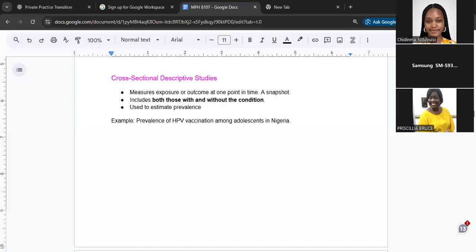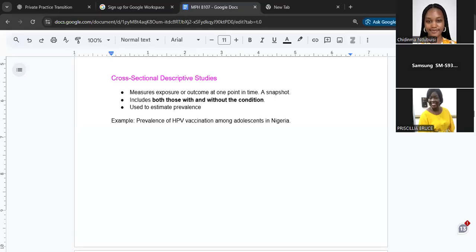Now, bear in mind that I'm saying cross-sectional descriptive because when we come to analytical studies, we're still going to mention cross-sectional. It can be both a descriptive observational study and an analytical study. So it can go both ways. There's a type that is cross-sectional descriptive.